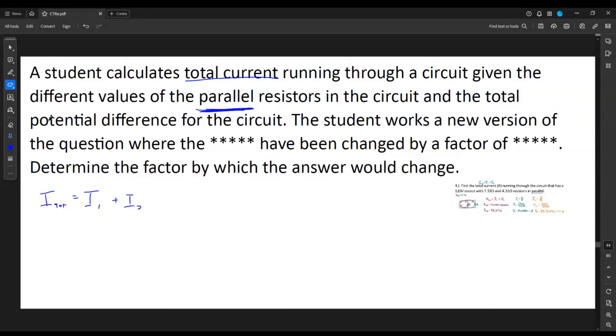Okay, so in general, if we were to look at one specific resistor, then the current is going to come from resolving Ohm's law and saying that current is equal to potential divided by resistance. So think of potential as how much it can do overall, and resistance is how much is working against it.